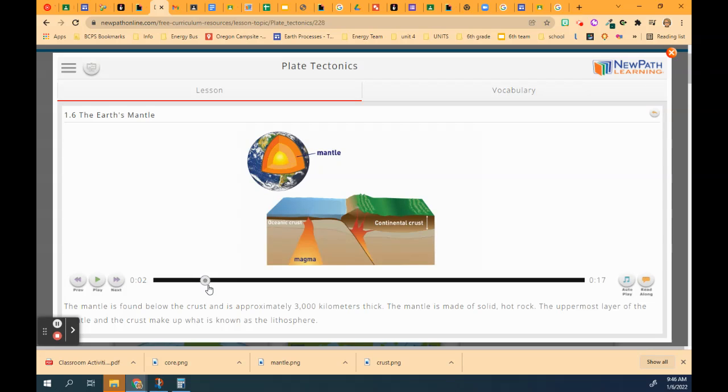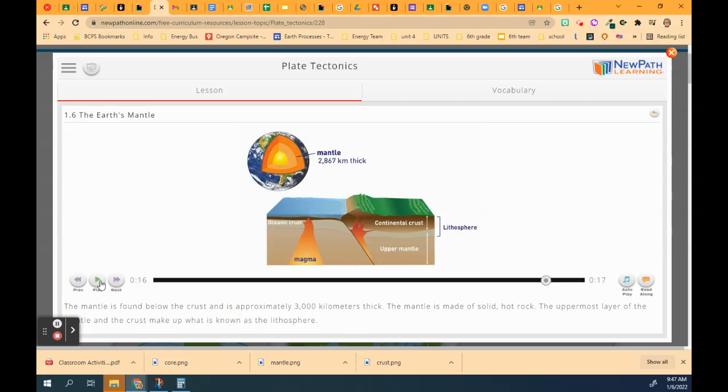So now we've got the mantle, and the mantle is actually kind of split up into a couple of other things as well. The first thing on there is what's called the lithosphere. It's right here, and it is this first little chunk, the upper crust kind of down into the mantle. So we call that the lithosphere.